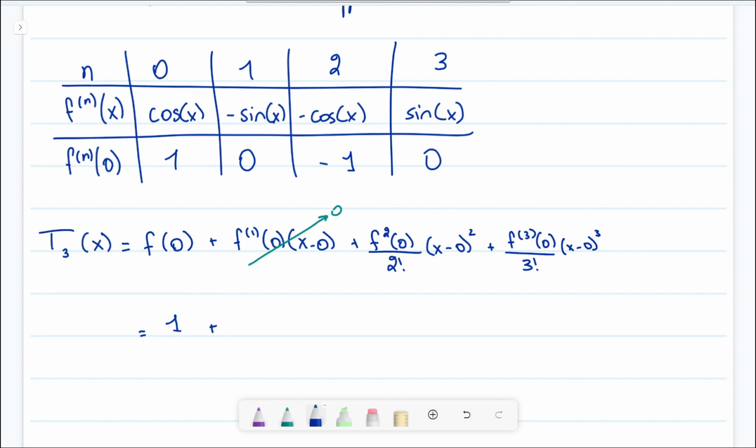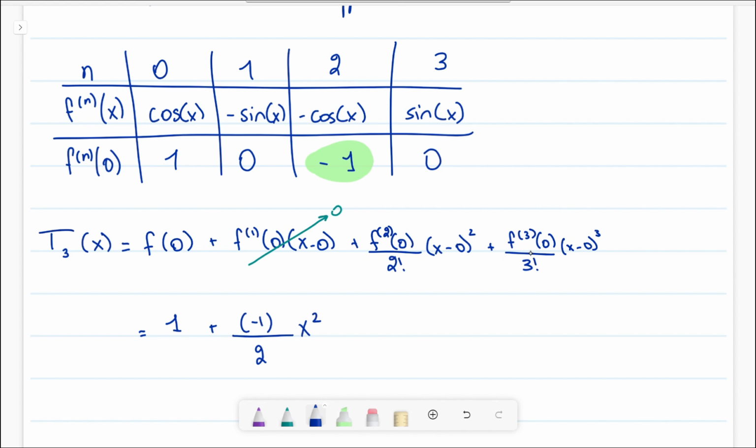Plus, now we want the second derivative of f evaluated at 0. So again, let's look at the table. This is the second derivative of f evaluated at 0, and it is negative 1. And then we divide it by 2 factorial. 2 factorial is 2 times 1, which we can just write as 2. And then we multiply this by x minus 0 squared, which is x squared.